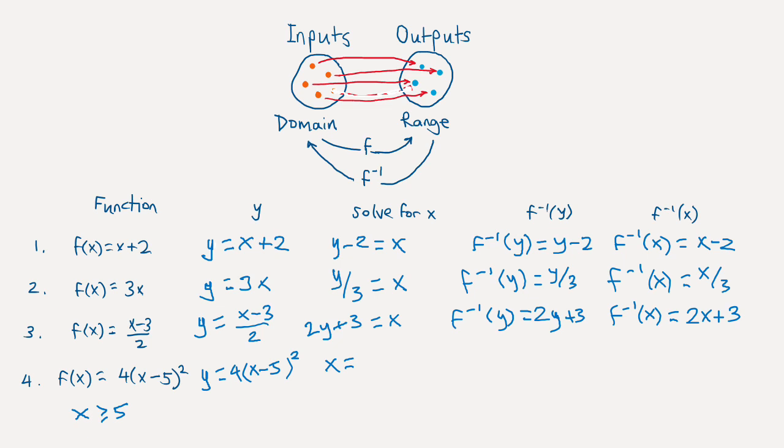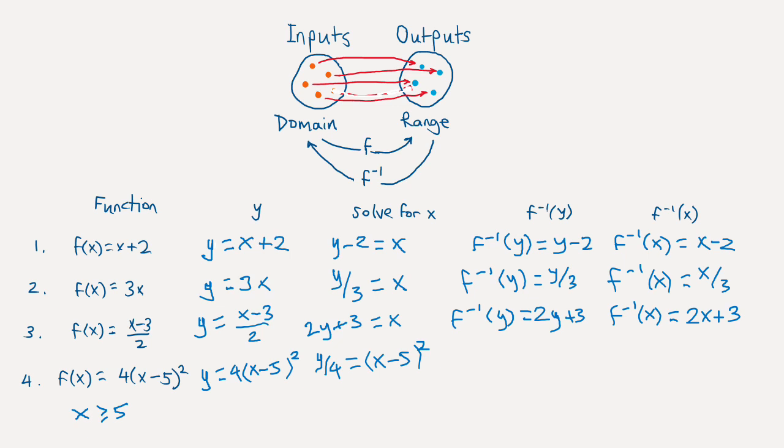I'll do this in a couple of steps. First, let's divide both sides by 4. So we'll have y over 4 equals (x minus 5) all squared, and then let's take the square root of both sides.